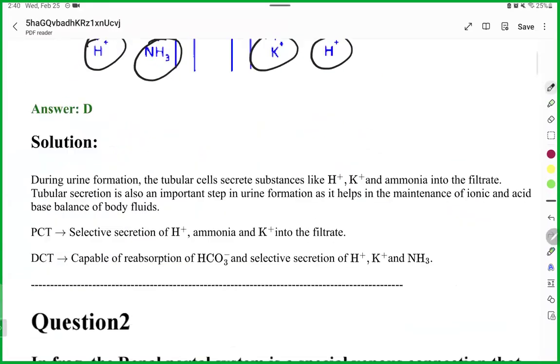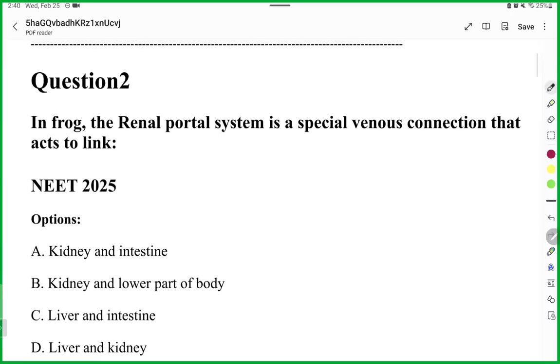Anvita done, Barinder. Second question. In case of frog, renal portal system is a special venous connection that acts to link... So D. As it is a portal system, it connects different parts, not the heart directly.